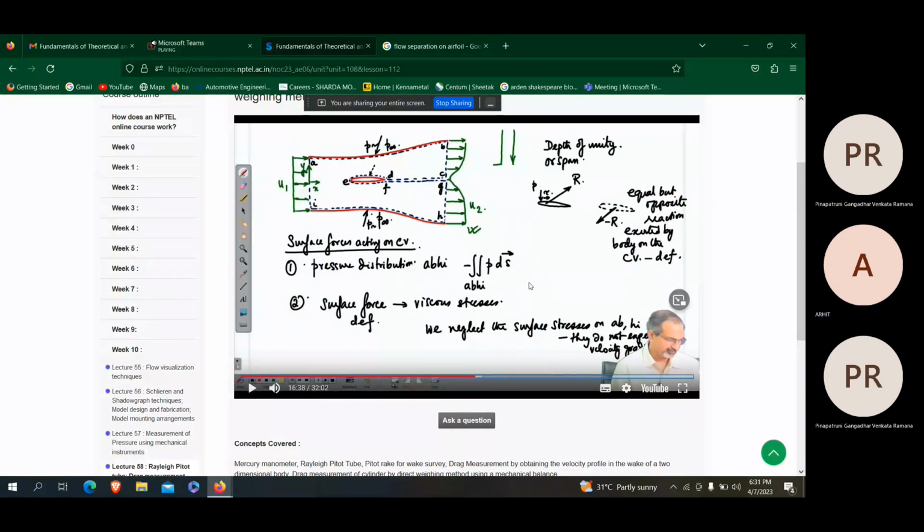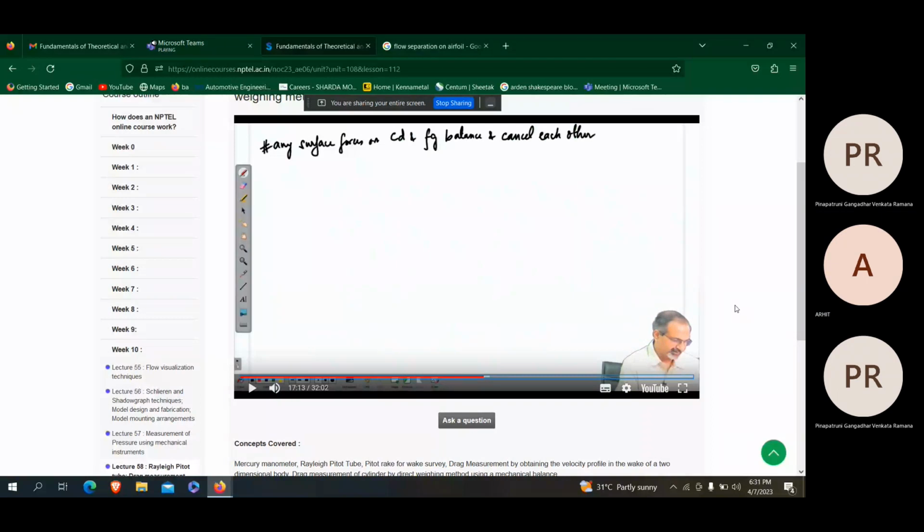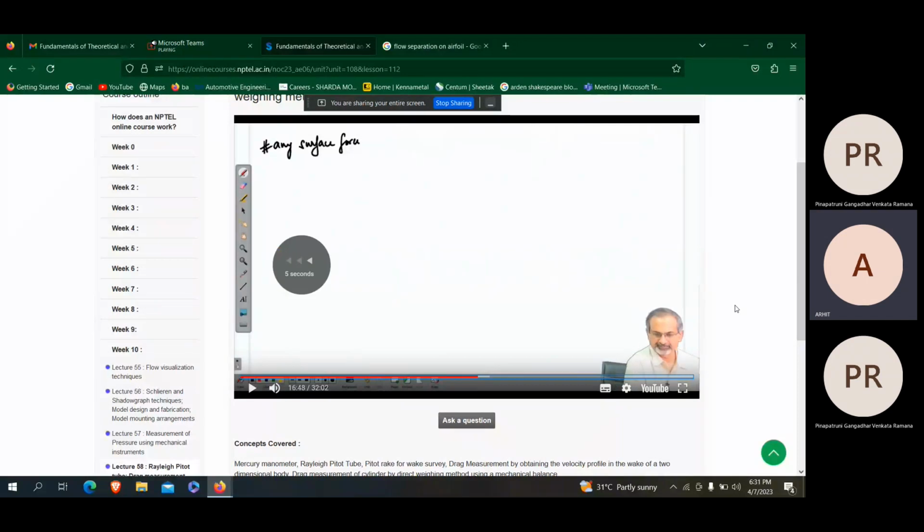That is for the surface forces. Next. Surface force after that. CD and FG balance each other. What is this CD and FG? CD and FG, sir, are parts of that airfoil.